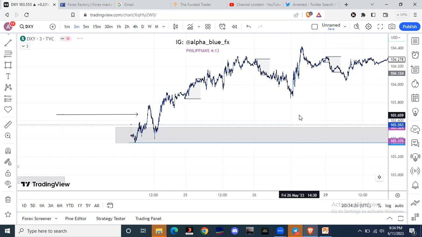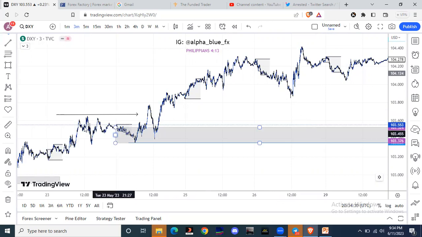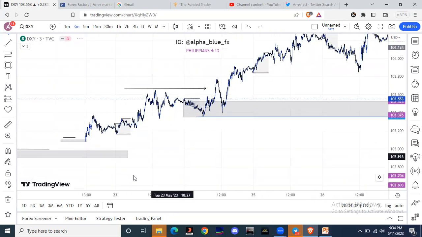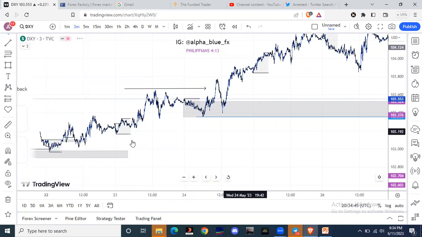But before this loads up, liquidity is simply like petrol or fuel for price. Liquidity is what propels price. Liquidity is what makes price move. Because you know what liquidity is? Liquidity is orders that are resting in the market.